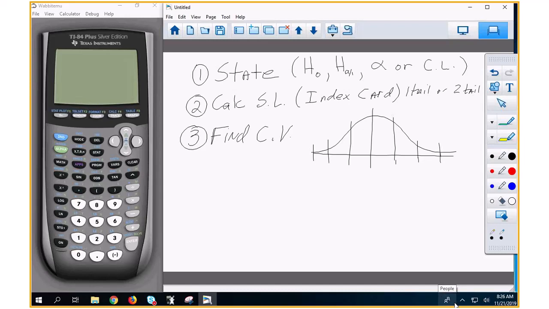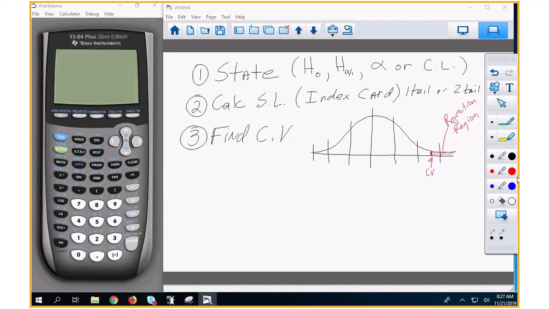The critical value is the Z based on what you're given. You're going to put the critical value right here, and you're going to shade this part if it's greater than. Everybody with me? Because that is called what? The rejection region. If it falls in that region, you reject the null. If it doesn't fall in that region, you fail to reject. So find the critical value.